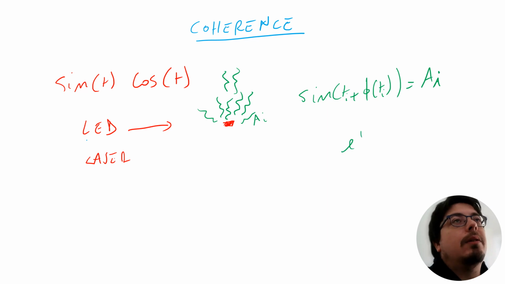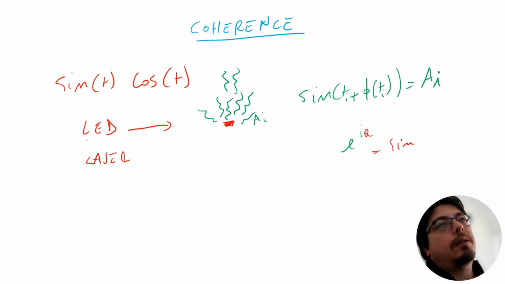We know that e to the i a is equal to sine a plus i cosine a, or vice versa.